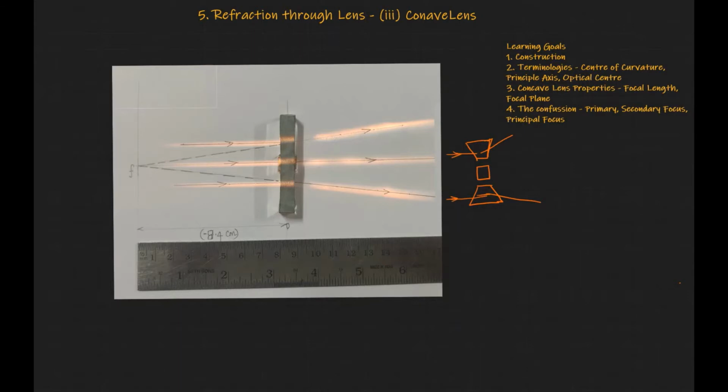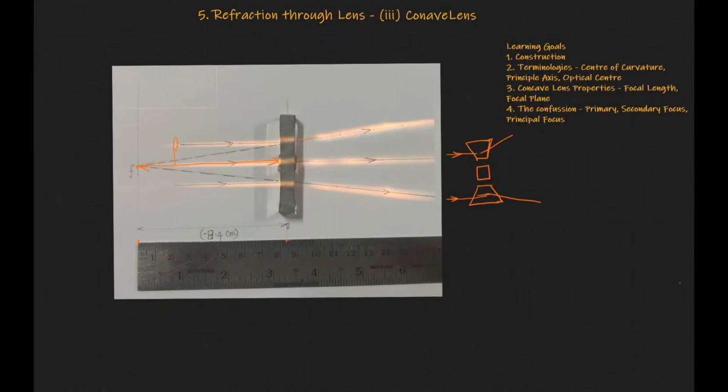Now that's what is happening in this diagram that you see. The three beams are being diverged, and if you extend this diverging beam back, it meets at a point, and that point is actually our principal focus in a concave lens. So in this case, you can see this is about 8.4 centimeters, and that would be the focal length of the concave lens.